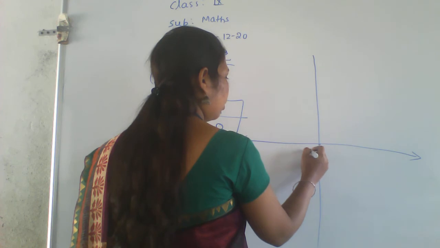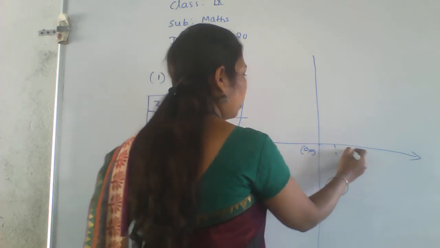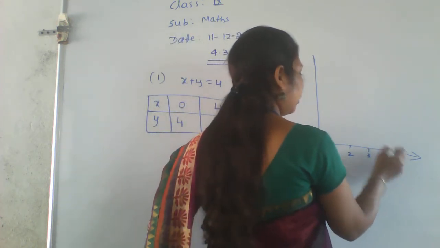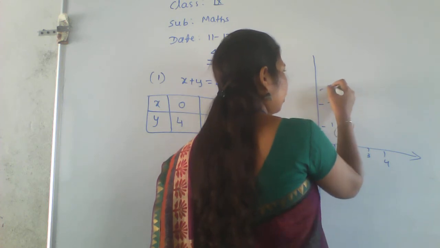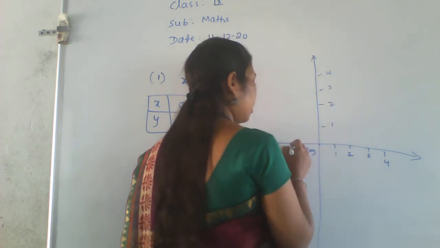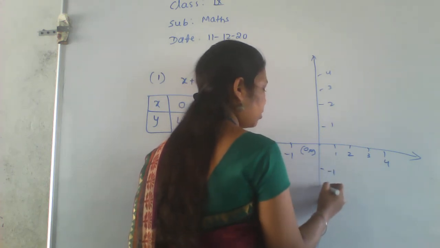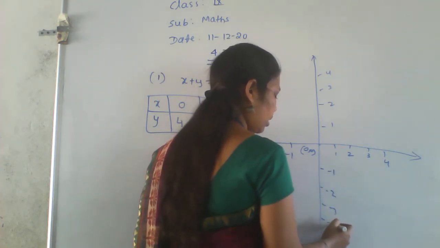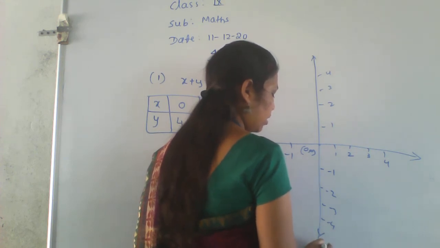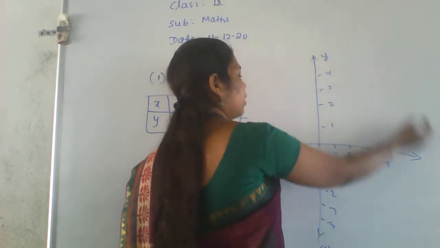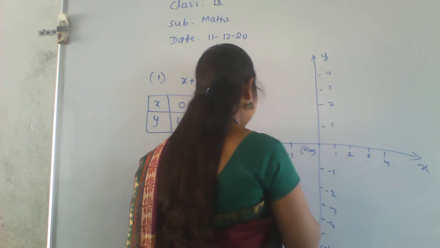So this is 0, comma 0. Now 1, 2, 3, this is 4. And here 1, 2, 3, this is 4. Minus 1, minus 2, minus 3 and minus 4 on both sides. This is called y dash, y, here x, x dash.